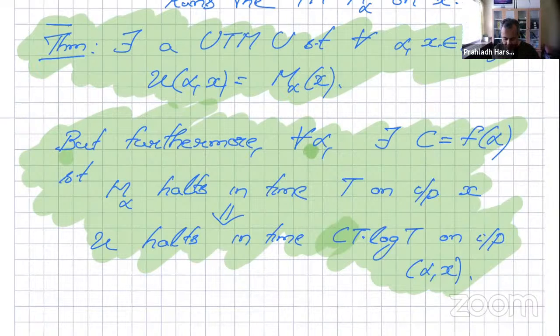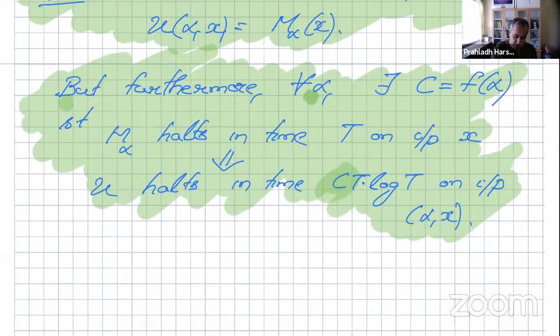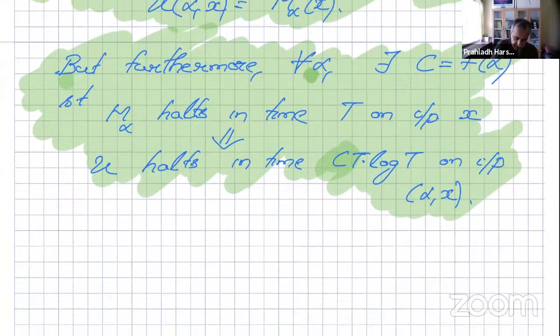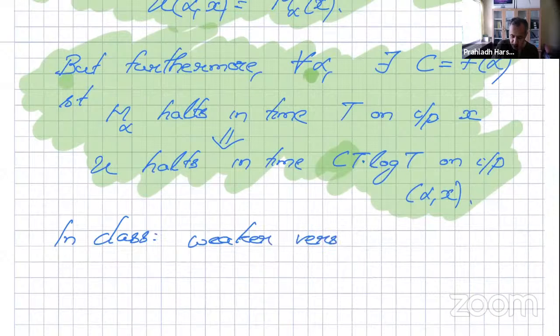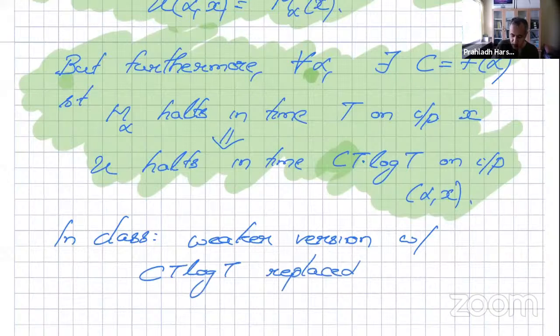Okay. And how do we prove this? In class today, we'll prove a weaker version, with c t log t replaced by c t square, using the two claims which we proved earlier in the lecture.